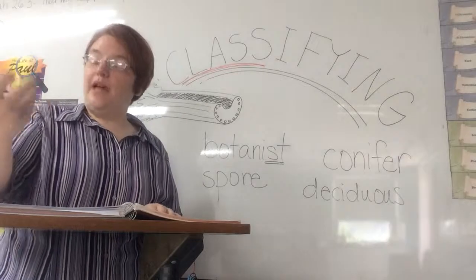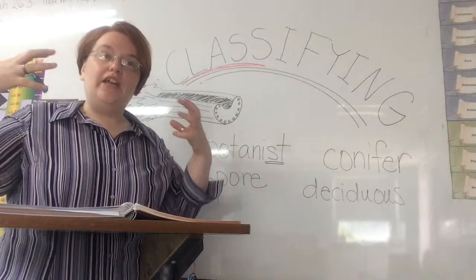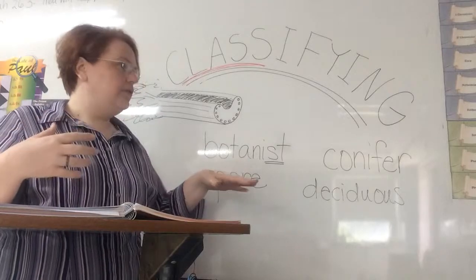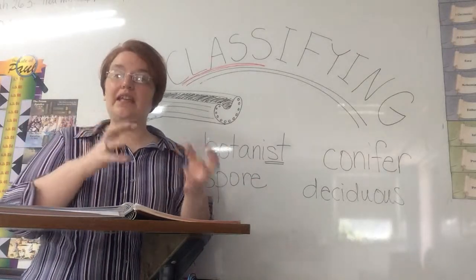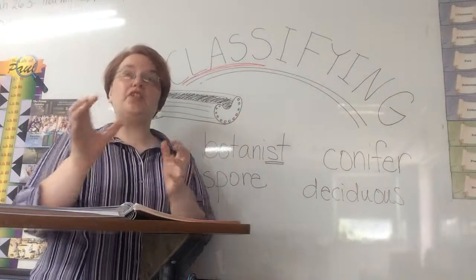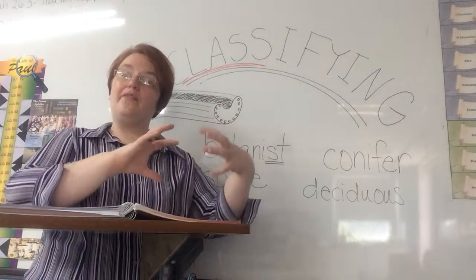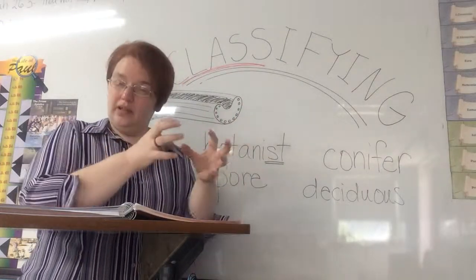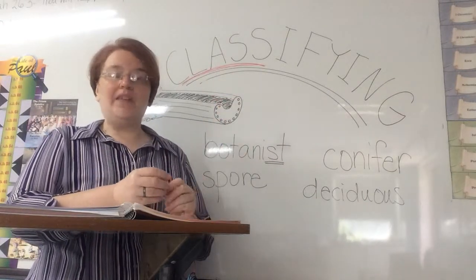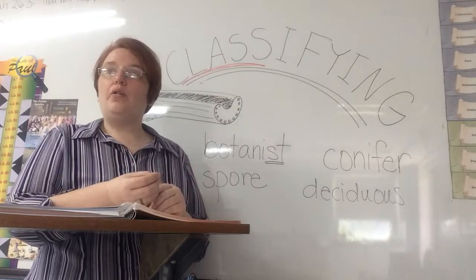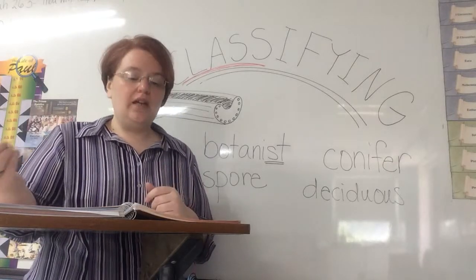I apologize. So in order for botanists to make studying plants easier, they classify these different plants or put them into groups, and in each group they have things that are similar. Maybe they grow the same height, or maybe they have the same kind of flower, or the same kind of fruit.